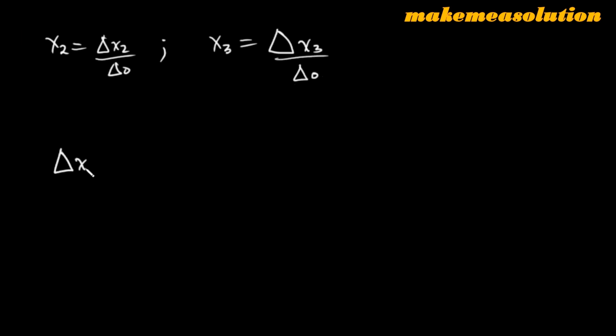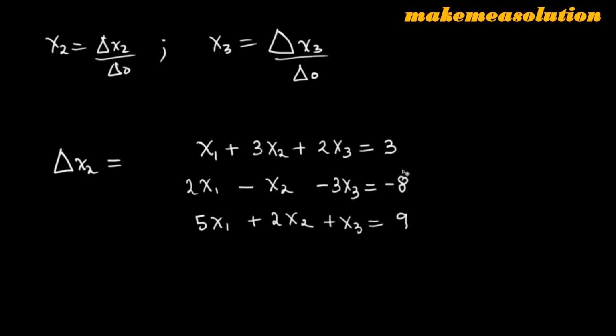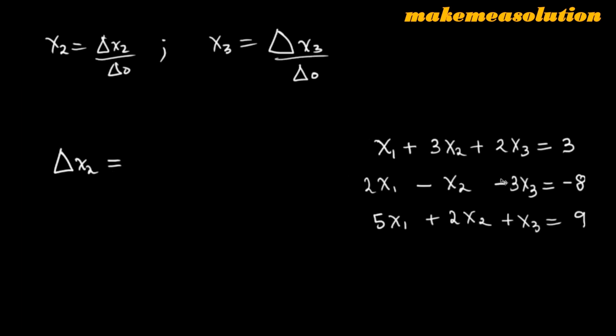So remember that x2 is delta x2 over delta naught and x3 is delta x3 over delta naught. So to build delta x2, we already know that this is our system of equations.